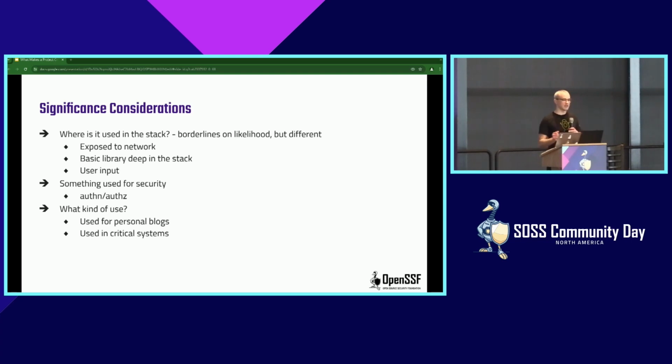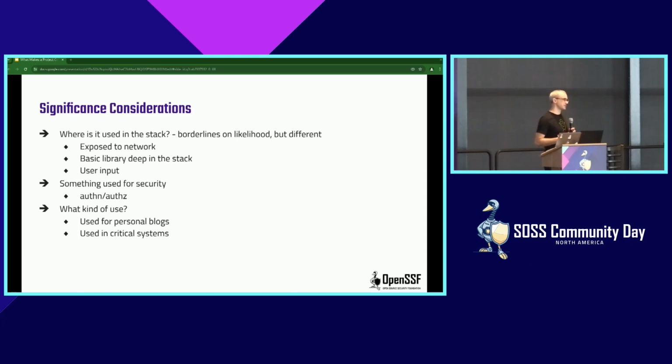We're looking at where it fits in the technical stack. So if it's a package or project that is included in a system that's always exposed to the network, that would mean it's more critical because it's more likely to be exploited. Versus a basic library that's deep down, where user input usually doesn't get down to that level, then it wouldn't be as critical.